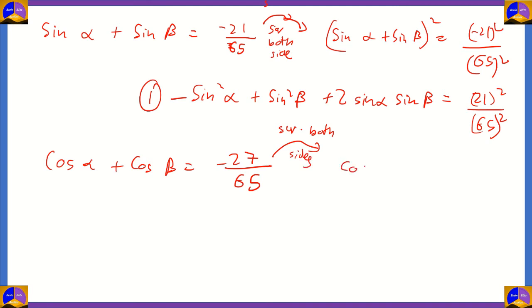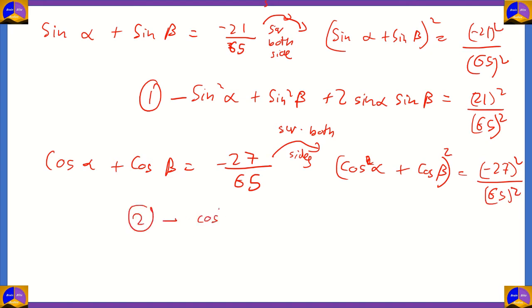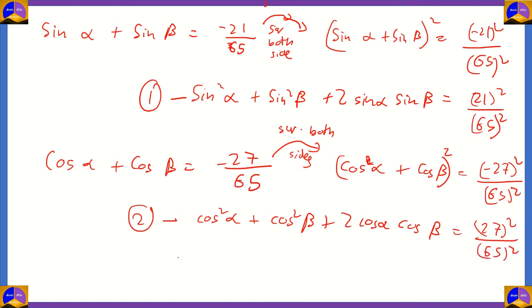So we get (cos α + cos β)² equals (−27)² divided by 65². So equation 2 will be cos² α + cos² β + 2 cos α cos β equals 27² divided by 65².